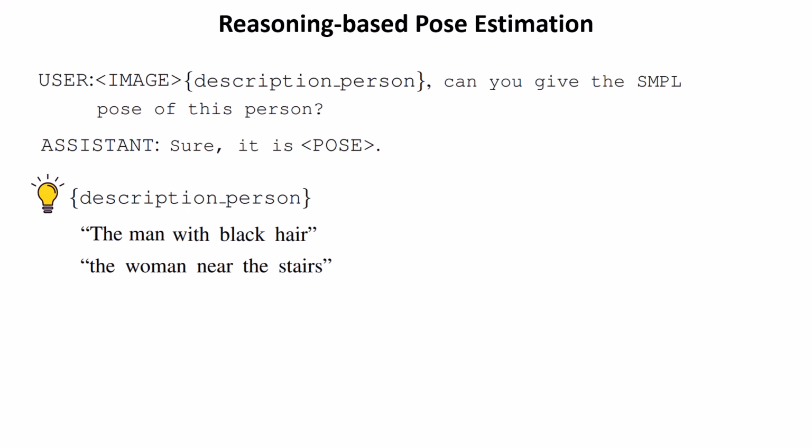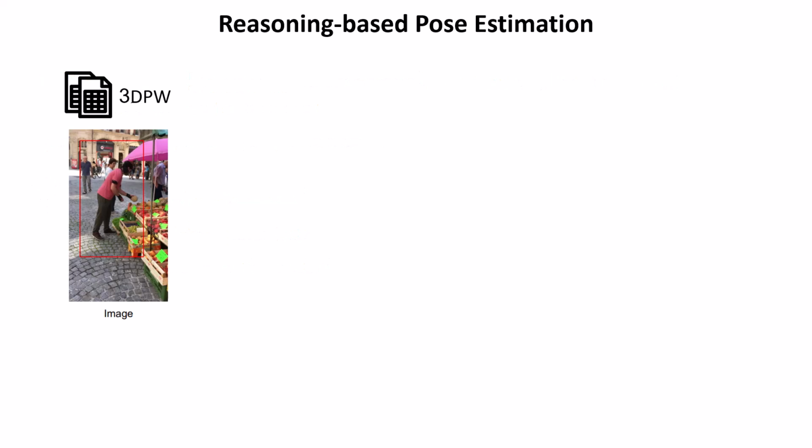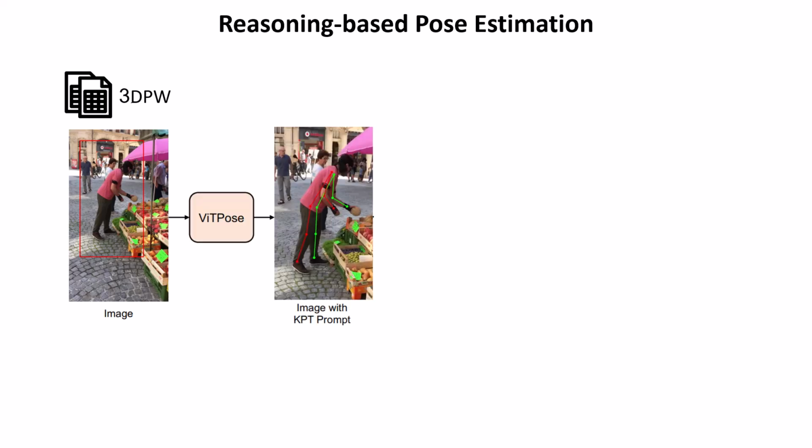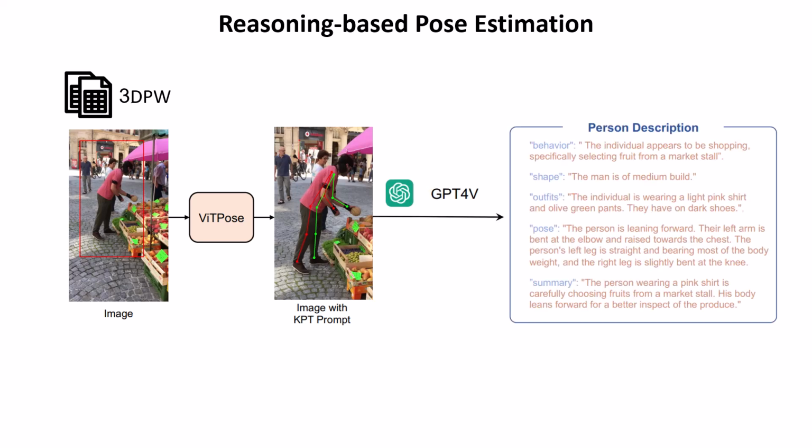For generating the evaluation dataset, they relied on the 3DPW dataset. They extracted 50 images that have multiple persons in them. Then they used ViTPose to estimate 2D poses, and then they added these 2D pose keypoints and the bones to the image, and then gave it to GPT-4 to describe the person's behavior, shape, outfit, pose, and summary.